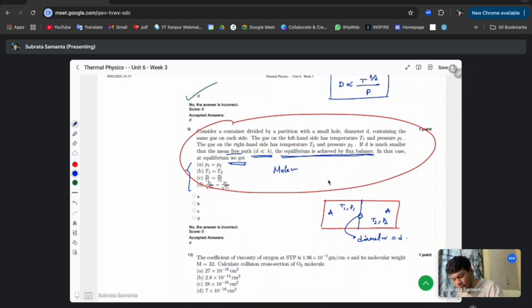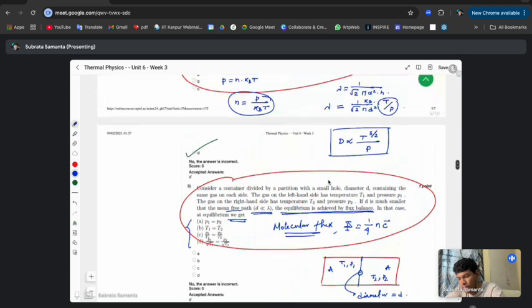So what is the expression of the molecular flux phi? Molecular flux is basically 1 over 4 times the number density n times C average. Now how does the number density change with pressure and temperature? n is P over kBT.